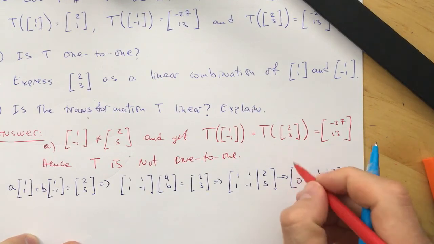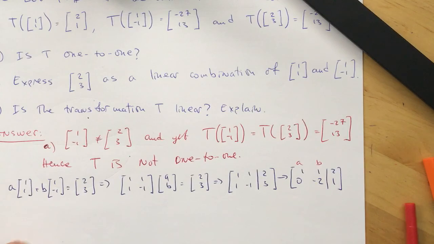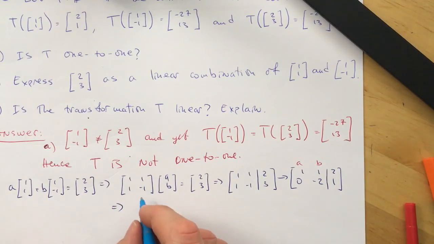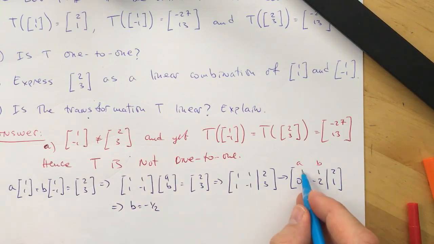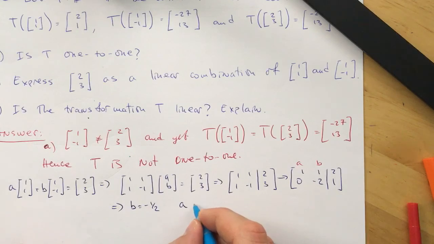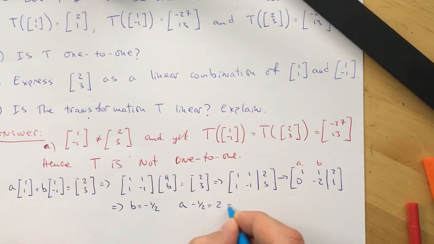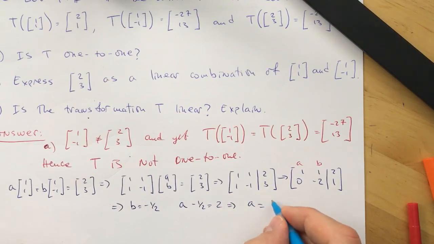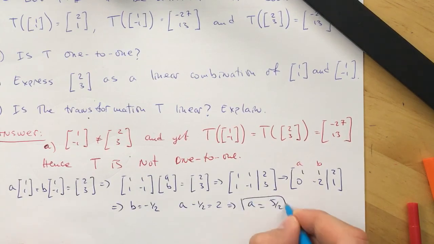So from here, for a and b, b is equal to negative 1/2, and then a minus 1/2 is equal to 2. From here, a is equal to 5/2.